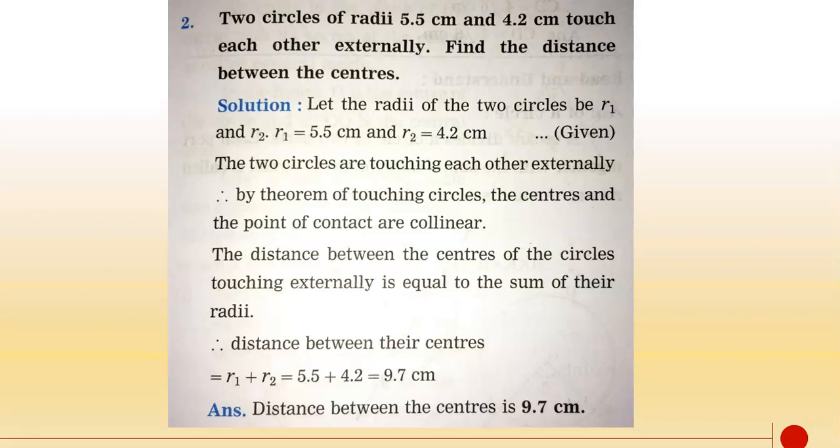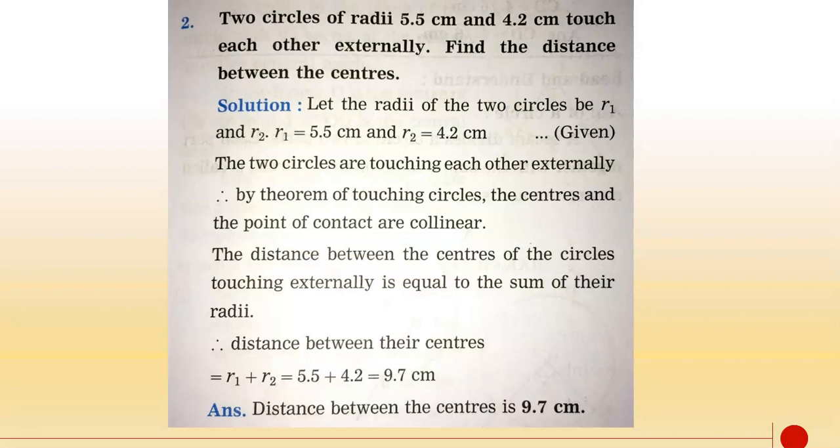Solution. Let the radii of the two circles be R1 and R2. R1 is equal to 5.5 centimeters and R2 is equal to 4.2 centimeters. This is given information. The two circles are touching each other externally. Therefore, by the theorem of touching circles, the centers and the point of contact are collinear. The distance between the centers of the circles touching externally is equal to the sum of their radii.